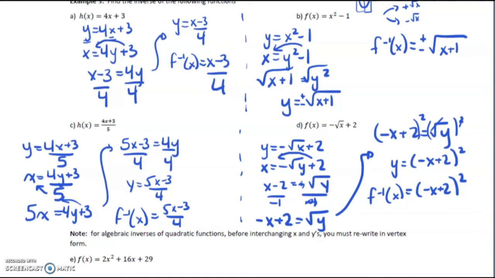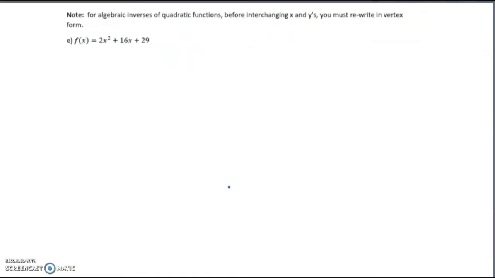Okay, I'm going to move this one up. So here's a note. For algebraic inverses of quadratic functions, before we interchange the x and y, we have to rewrite in vertex form. So essentially what we're looking for is a function with a y on the left and some function of x on the right, but the x only written once.